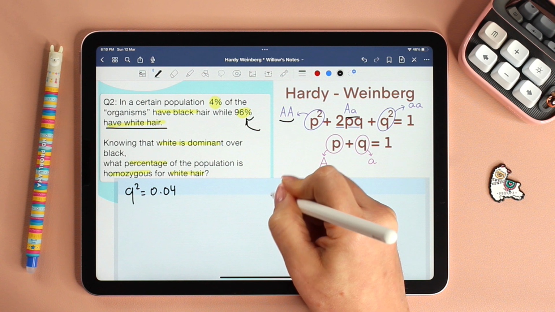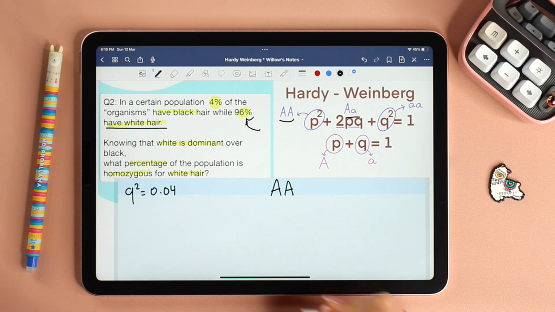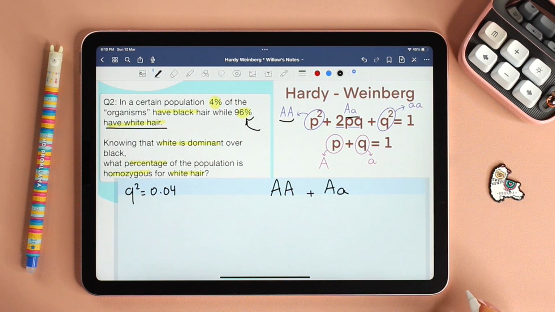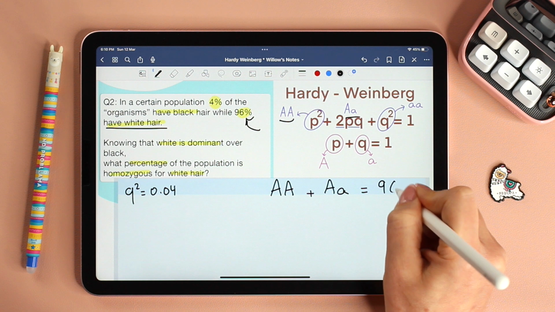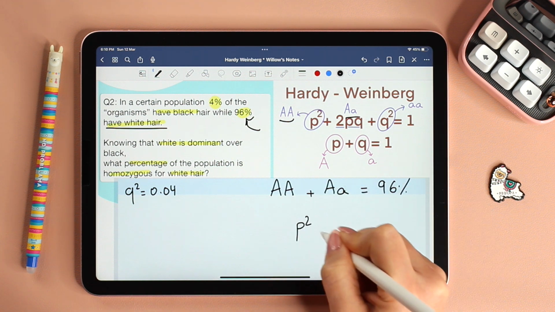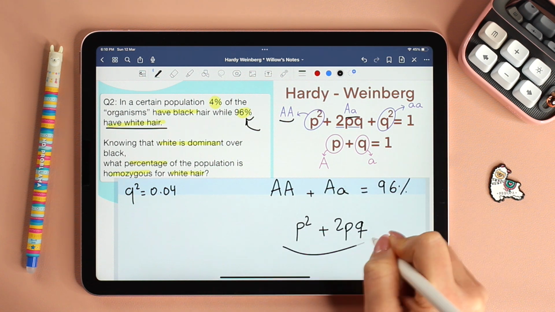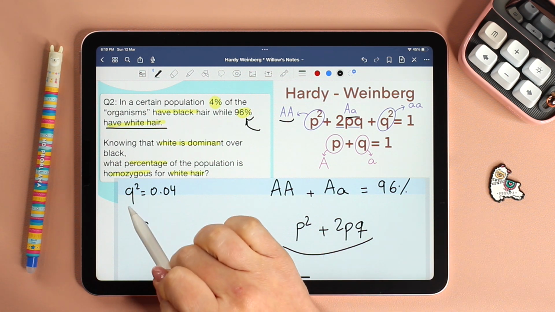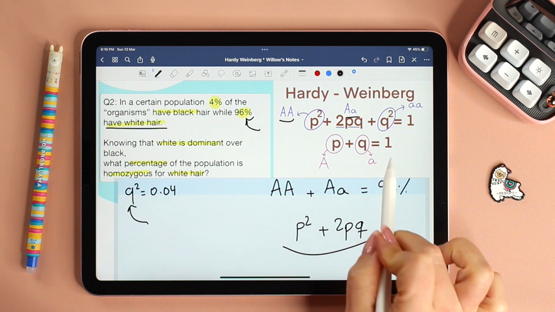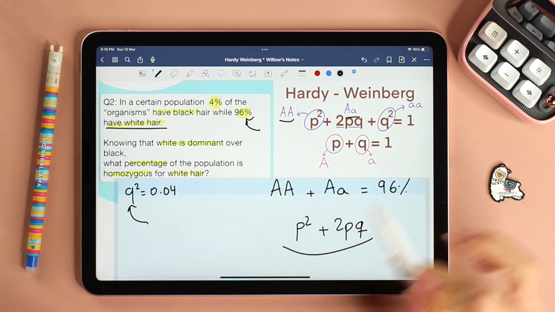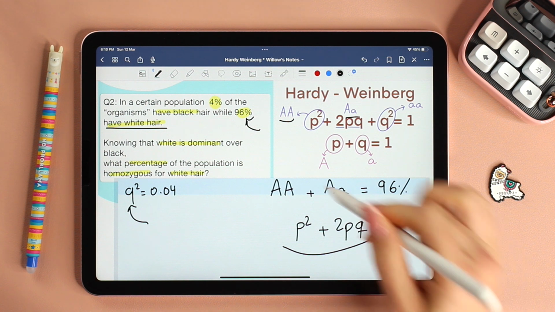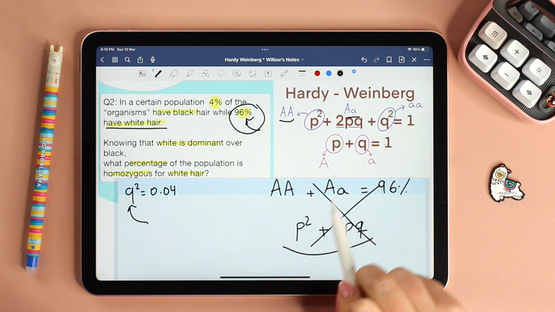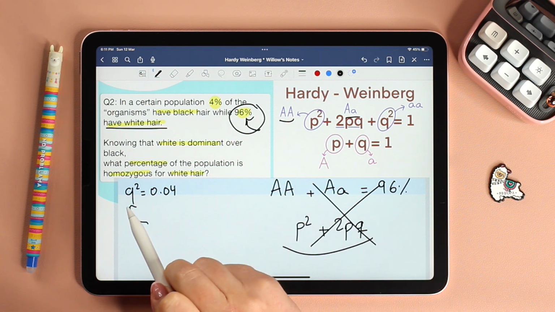You could be homozygous dominant and have white hair, or you could be heterozygous and have white hair. So that 96% represents P square plus 2PQ, okay? And why complicate life for ourselves? Just stick to Q square, because if we know just one of them, either P or Q, we can find anything we need, okay? So we're not going to be using the 96% in this question, and we're just going to stick to the Q square value.